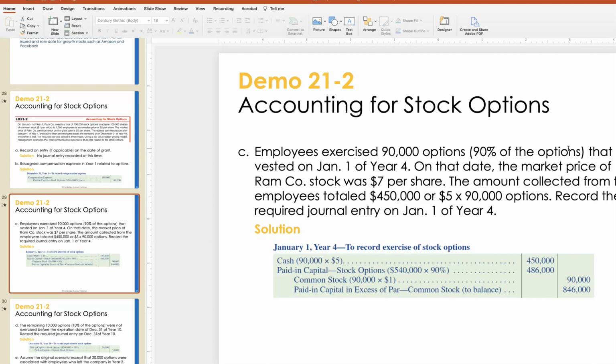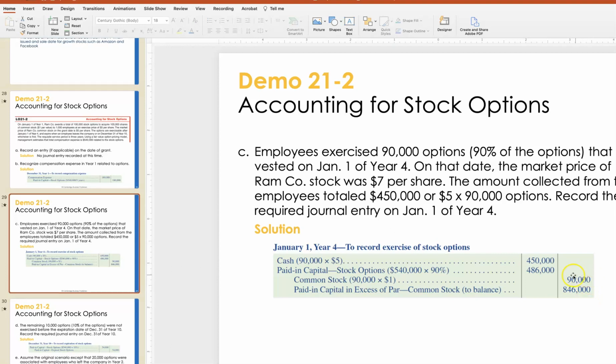So what we will do is we'll show that $5 cash coming in. We're going to empty out whatever we've put into that paid-in capital stock options account. We had put in $540,000 over the 3 years, but I'm multiplying it by 90% because only 90% of folks are exercising right now. The rest of the entry just looks like it normally does whenever I issue stock.